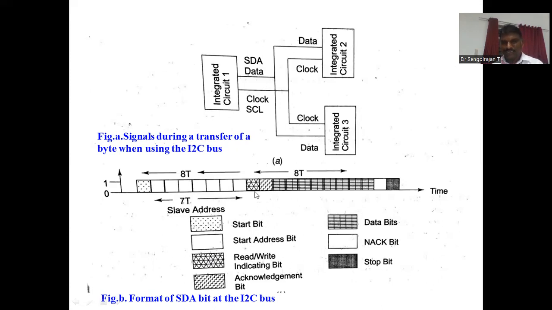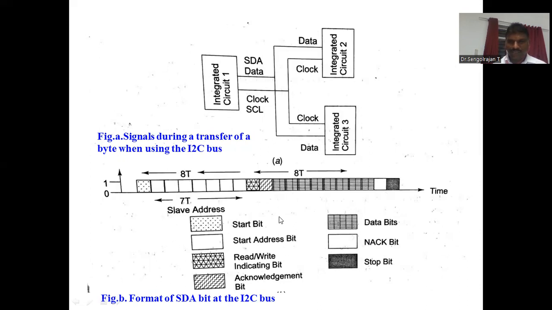The next index bit is meant for the acknowledgement bit. Next, these bits are meant for data bits, and this box is the empty box, the no acknowledgement bit, NACK. The last bit is the stop bit.